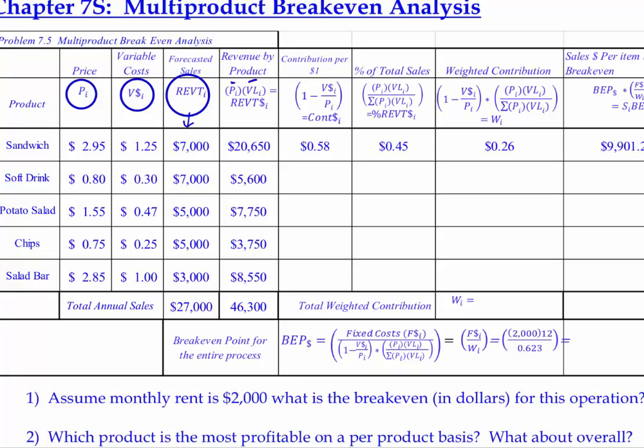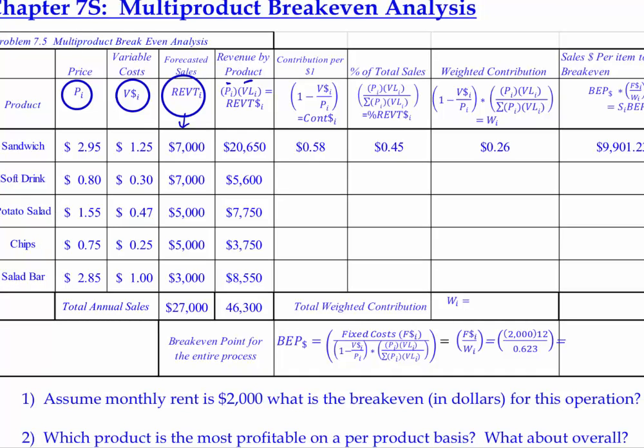It is computed by taking the 7,000 forecasted sales and multiplying it by this $2.95. If you put that in your calculator, you get 20,650. That's the amount of dollars this place is expected to earn selling sandwiches in a year. So that's the bottom line there.